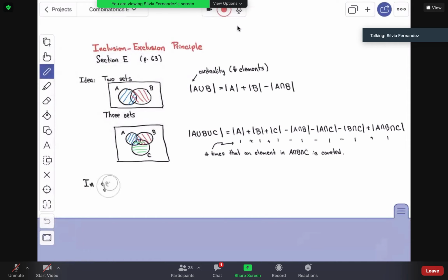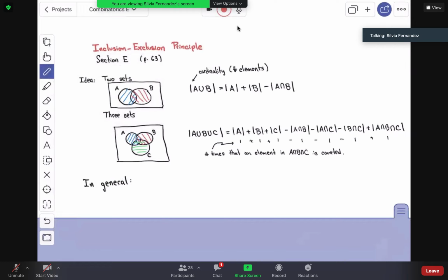So in general, we're gonna do that same thing, but I'm gonna need a little bit of notation because this summation gets complicated.